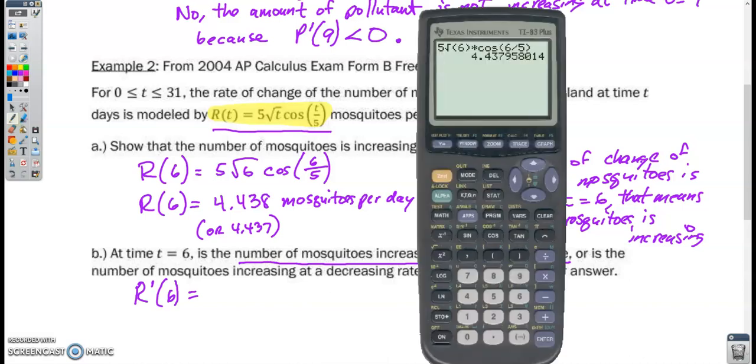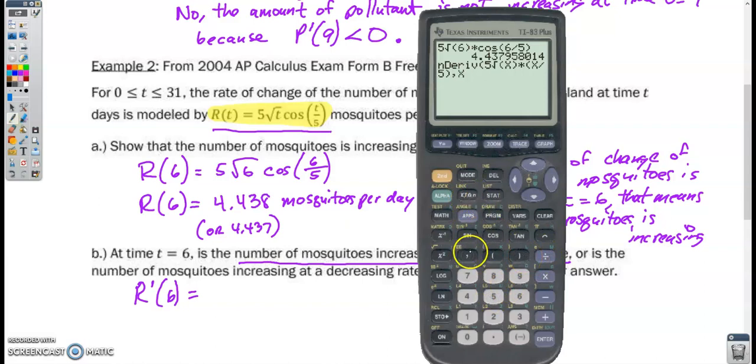So I'm going to go to my calculator here, and I'm going to set up my numerical derivative. There's my nDeriv of 5 square root of, and my calculator will put x in there instead of t. And I'm certainly not going to change the mode to have my calculator put t in there.